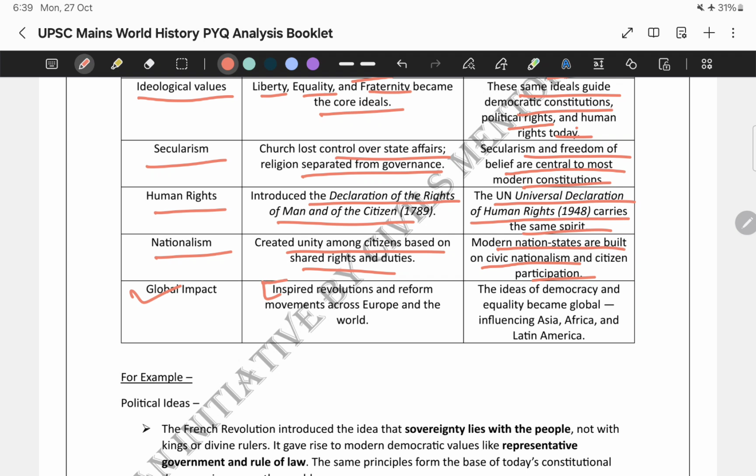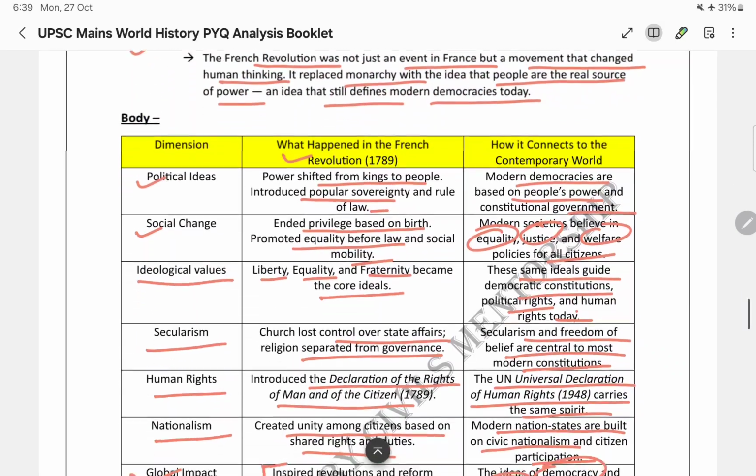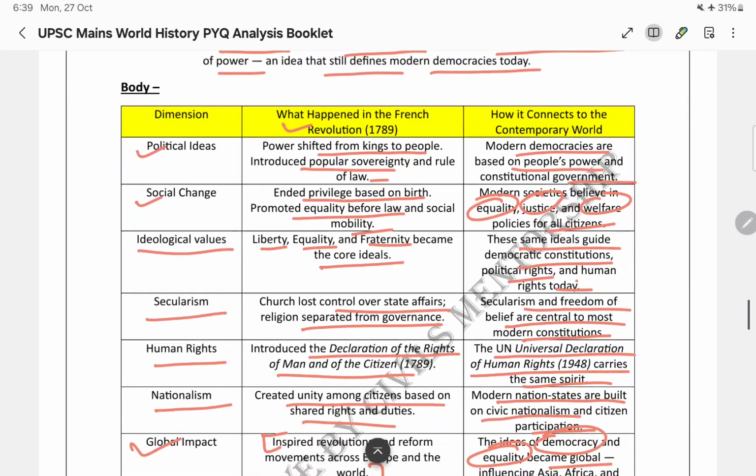It inspired revolutions and reform movements across Europe and the world. How can you connect it with today's scenario? The ideas of democracy and equality became global, influencing Asia, Africa and Latin America. So these were the dimensions, what happened for each during the French Revolution, and how you can connect it to today's contemporary world.